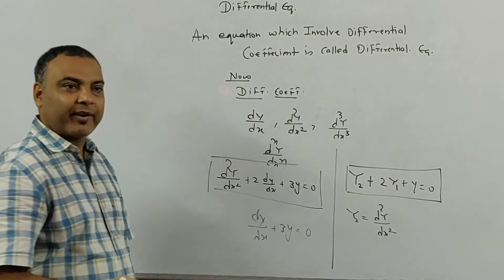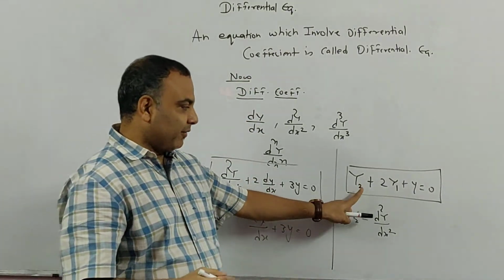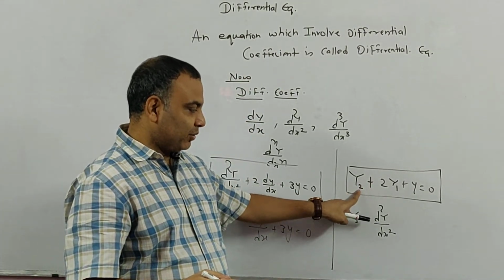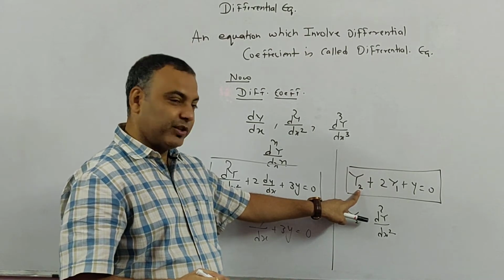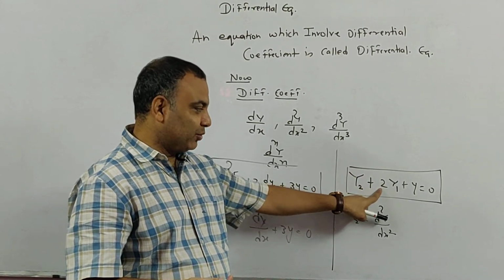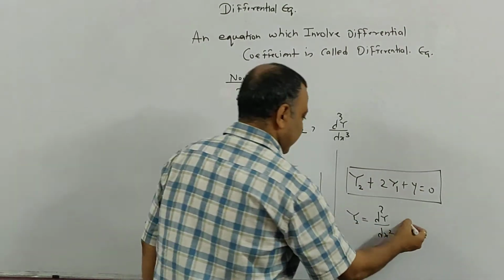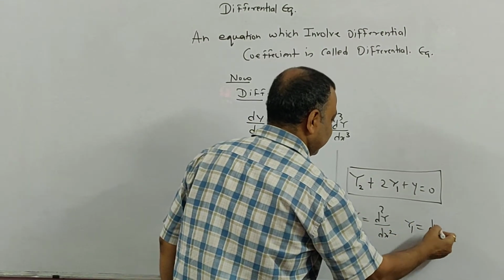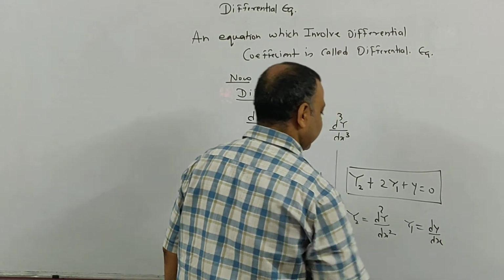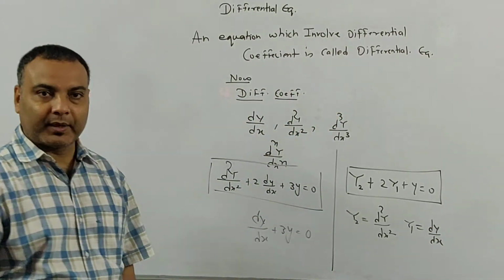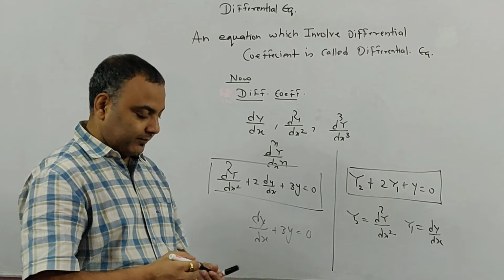So another way of writing a differential equation is y2 plus 2y1 plus y equals 0, which shows that we are treating the coefficient up to order 2. The same y1 you can write as dy over dx.